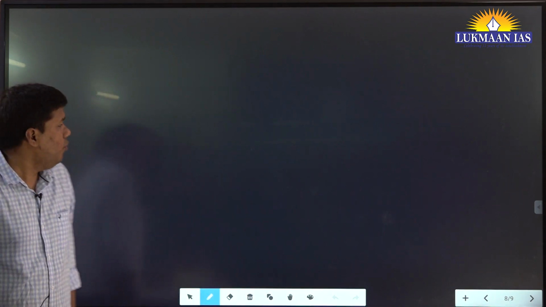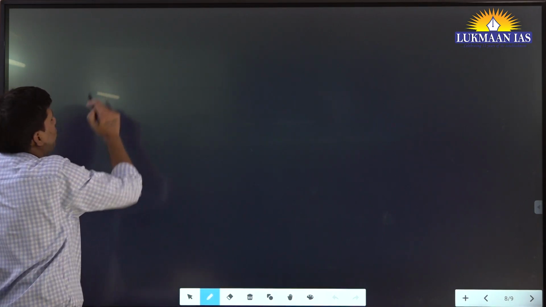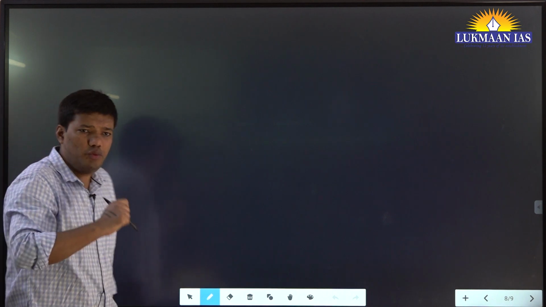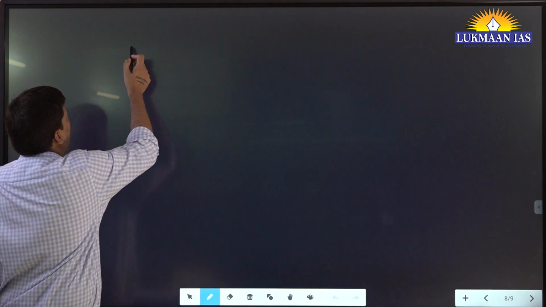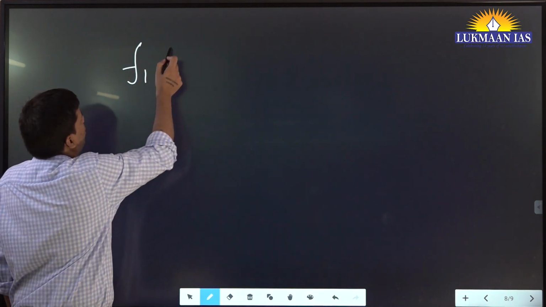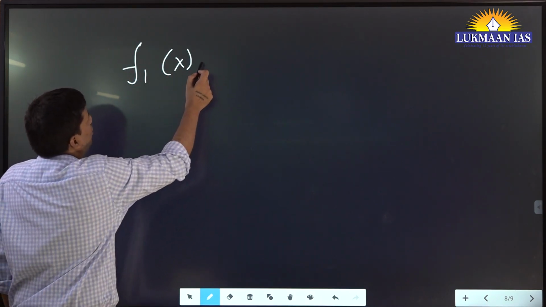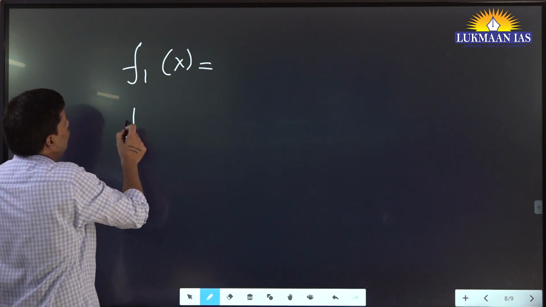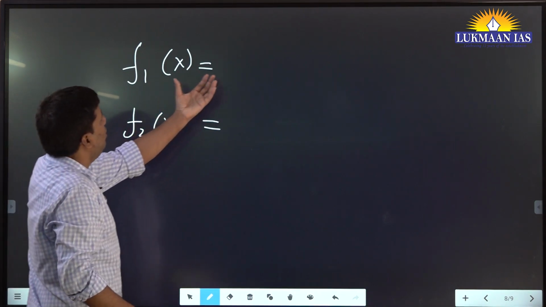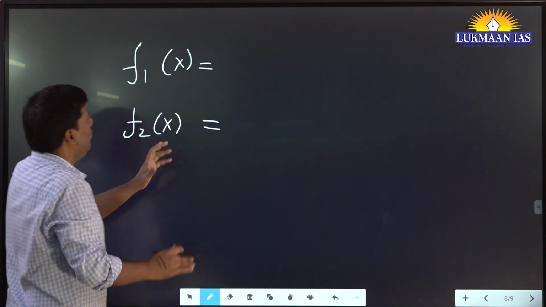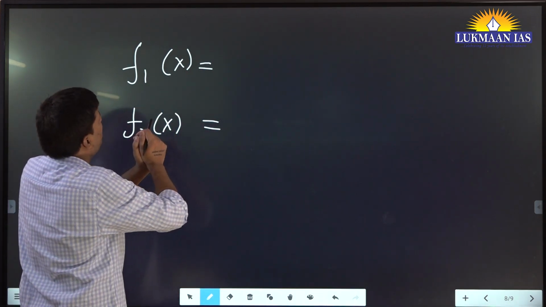Okay. We just now saw that sometimes moments do not characterize the distribution. Okay, and then we can give an example. Let's say there are two functions, function 1 and function 2. Let's say there is a PDF.